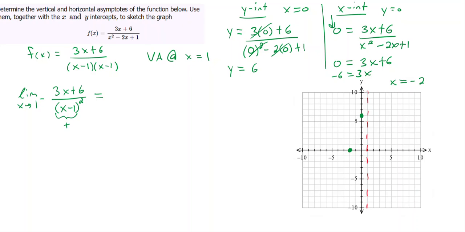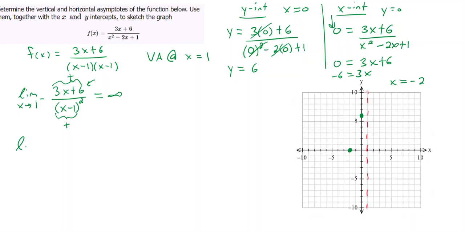You can think if you had some number very, very close to 1 in the numerator and add 6, this is still going to be positive no matter what. So I've got a positive divided by a very, very small positive. We're approaching positive infinity.